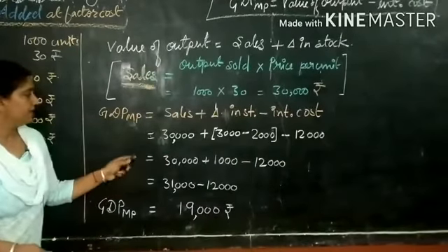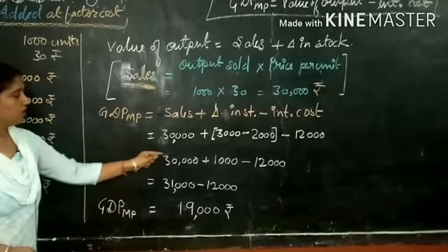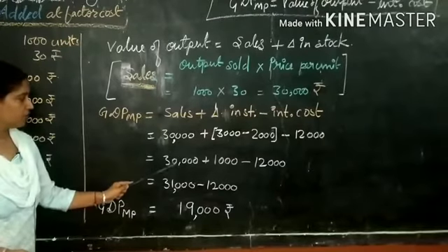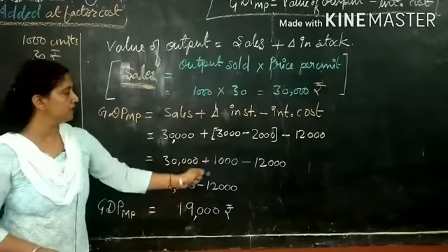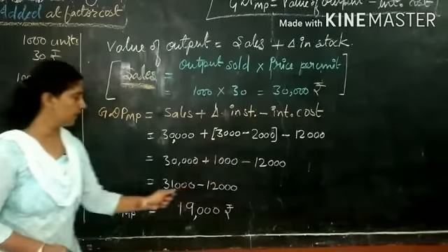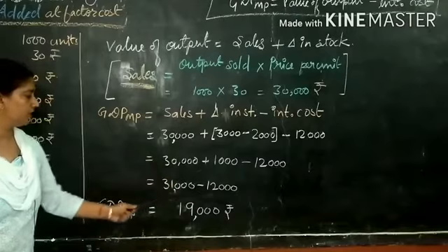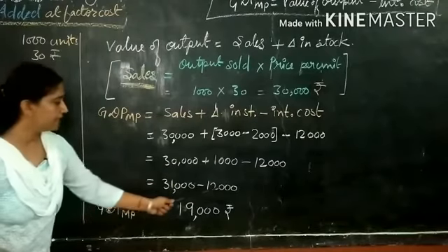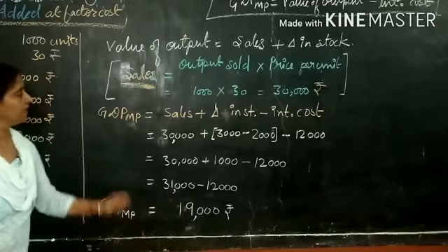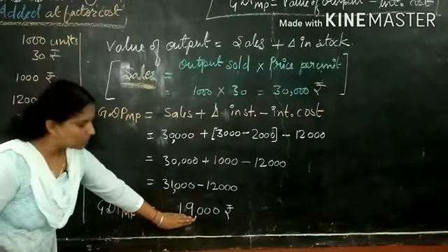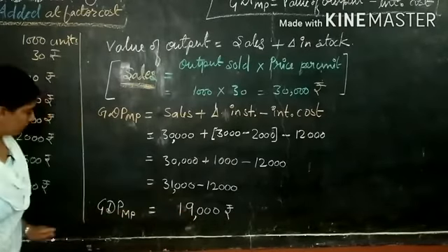Now, sales 30,000, closing minus opening difference is 1,000, minus 12,000. 30,000 plus 1,000, 31,000 minus 12,000, and we have 19,000 as GDP MP. 19,000 rupees as GDP MP.